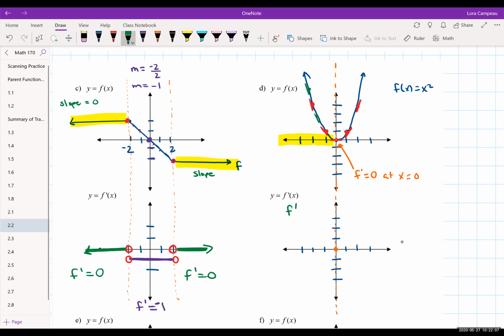Negative is another way to talk about less than 0. If this helps you, you could write in English: you have negative slopes on the left of x equals 0.